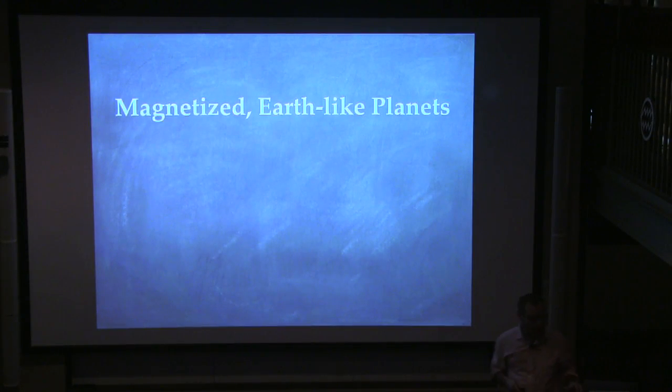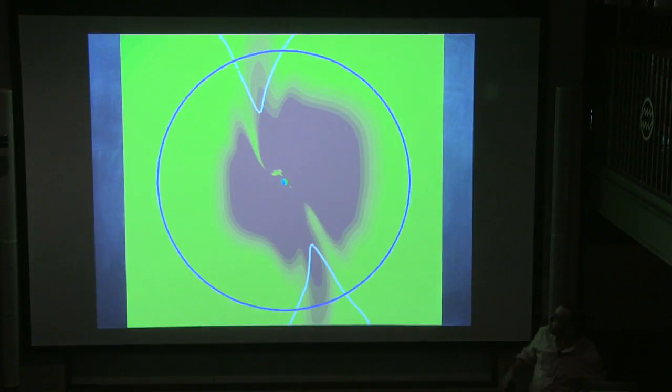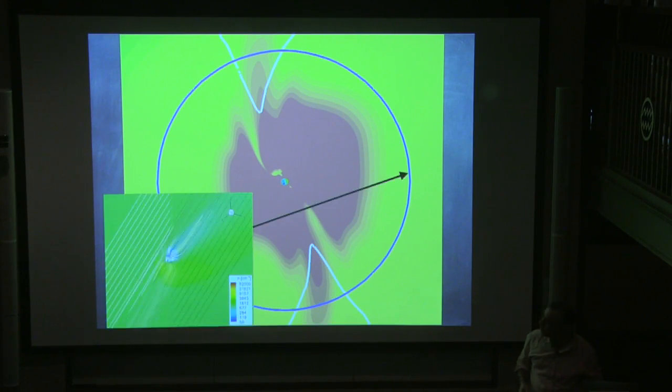So let's start with magnetized planets like the Earth. I took typical parameters of an Earth-like planet. And here I show again the equatorial plane. And again, I would like to draw your attention to this crossing from the sub-Alfvénic regime to the super-Alfvénic regime. This is the orbit of the nearest planet that I showed before. And you can see that when the planet resides in a sub-Alfvénic plasma, the magnetosphere of the planet looks like that.